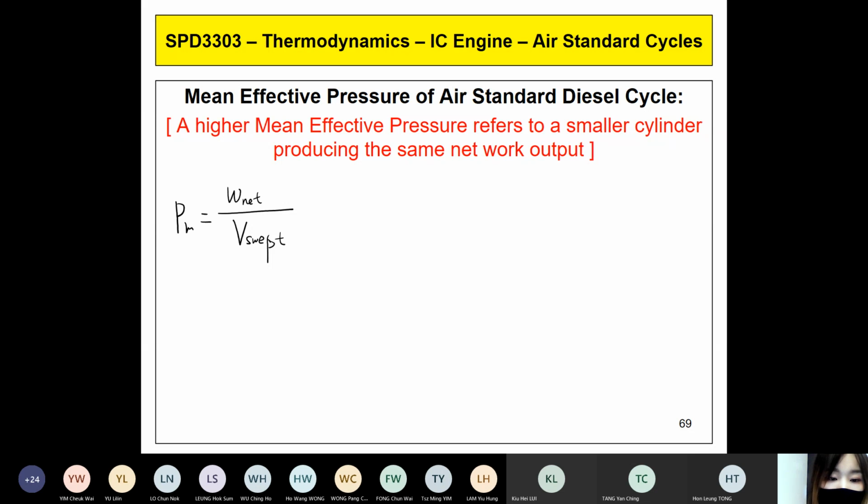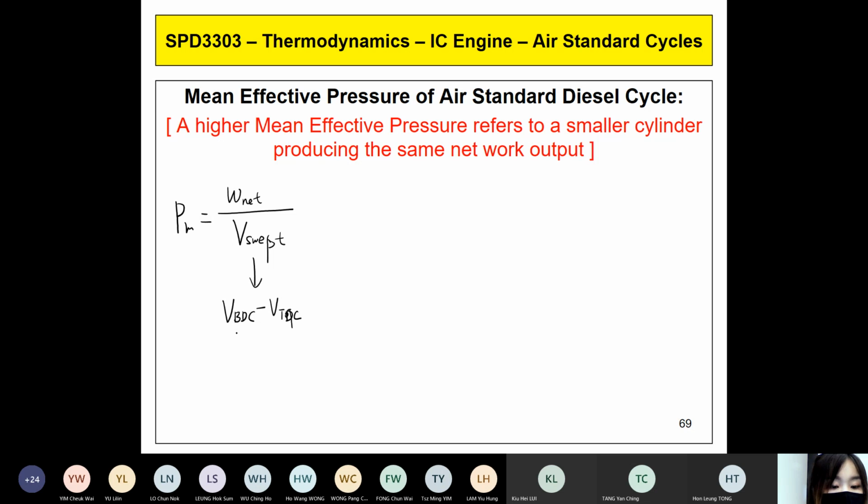So that should be the maximum value minus the minimum value, the difference between these two volumes. So that should be V at the bottom dead center minus V at the top dead center.